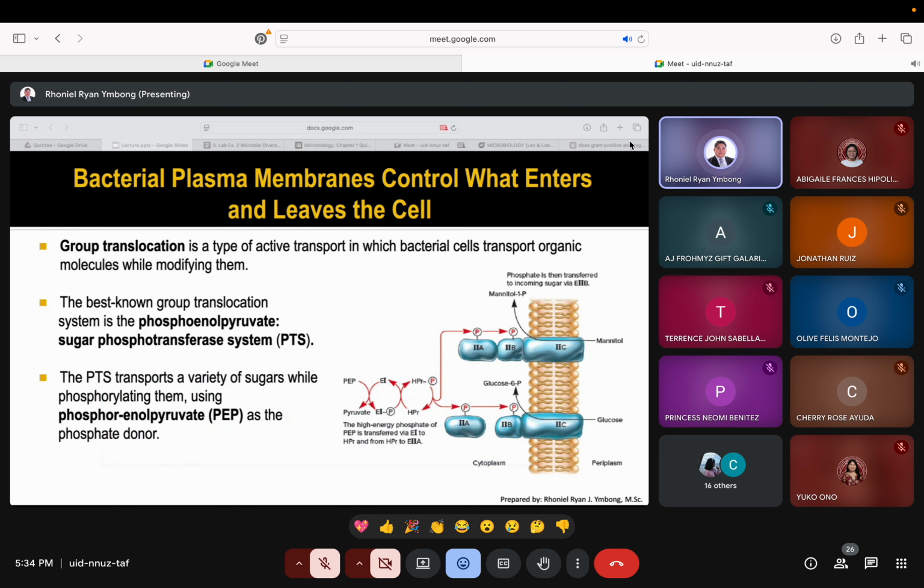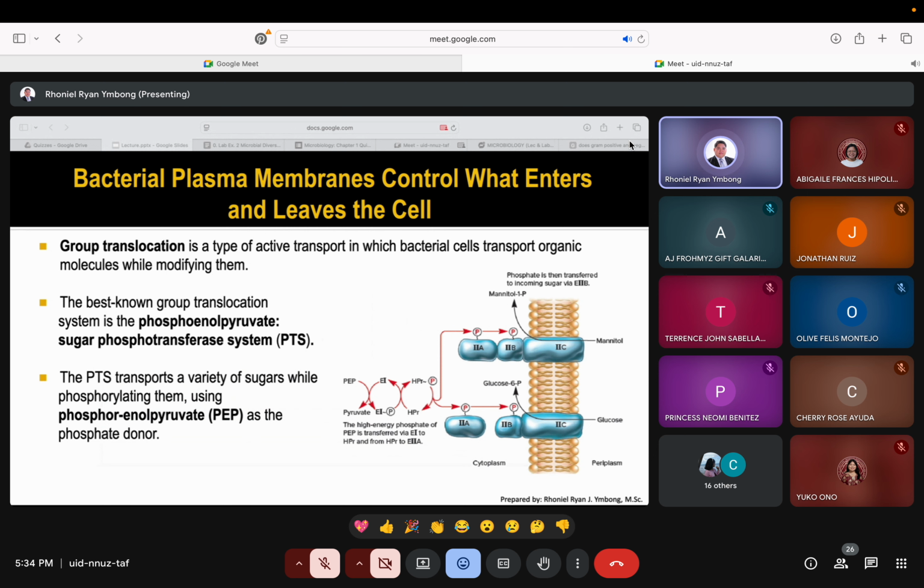Now, your bacterial cell can also transfer nutrients in bulk. But then again, they do not simply use this in common situations. So group translocation is a type of active transport in which bacterial cells transport organic molecules while modifying them.